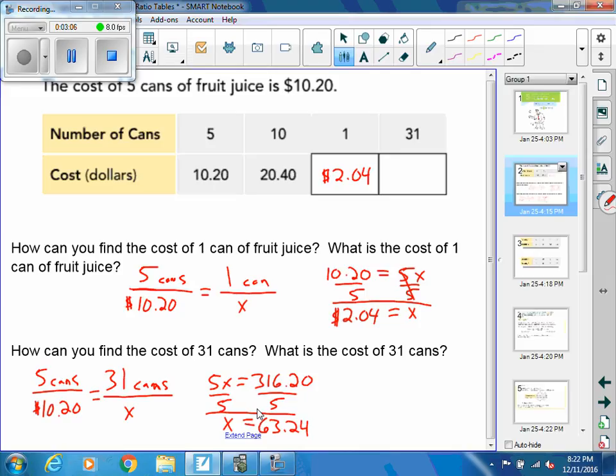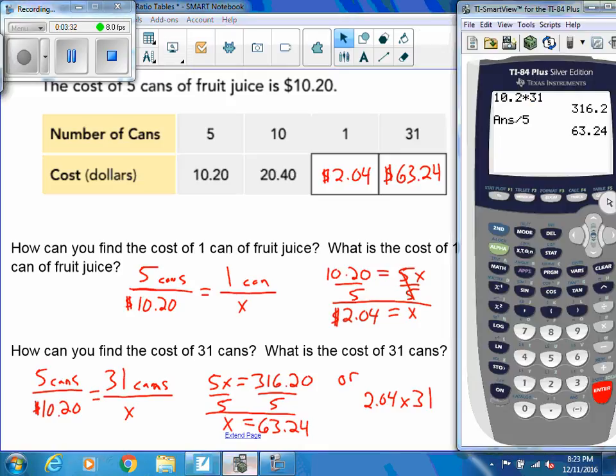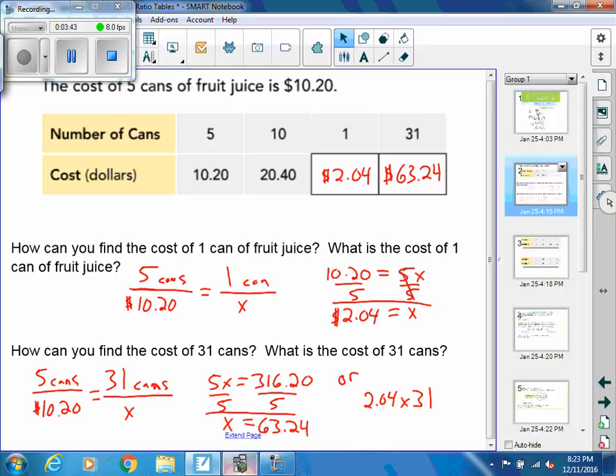So we know that 31 cans is going to cost us $63.24. Or the other way, and this is going to seem really simple, is since we know the cost of 1 can is $2.04, we could just take $2.04 times 31, and you would also get $63.24. So both ways would work there.